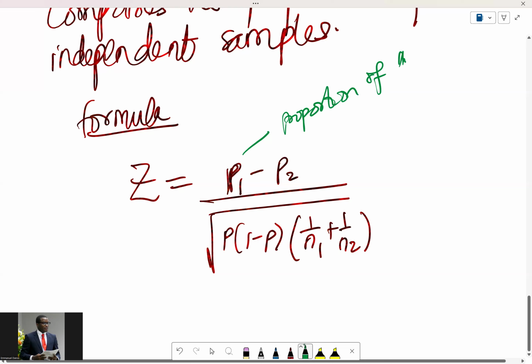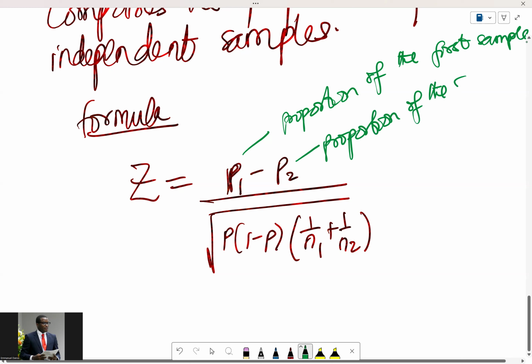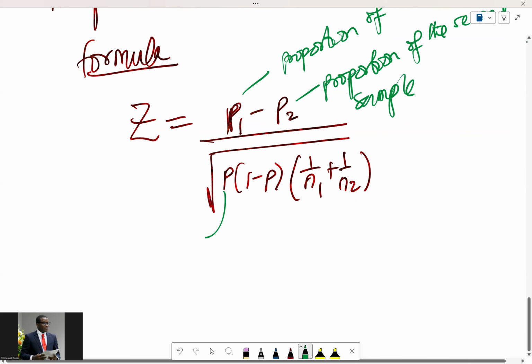And of course, P2 is the proportion of the second sample. But then this p is actually a pooled proportion.